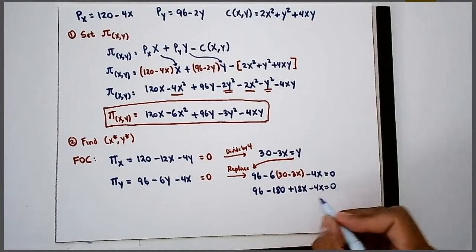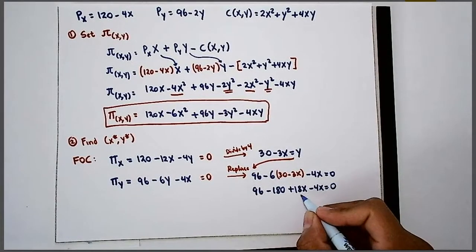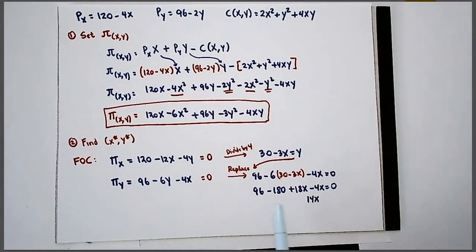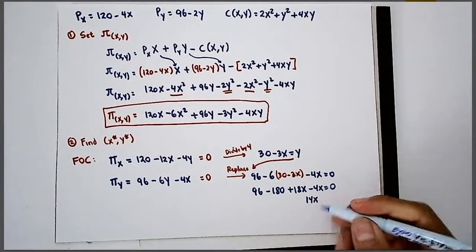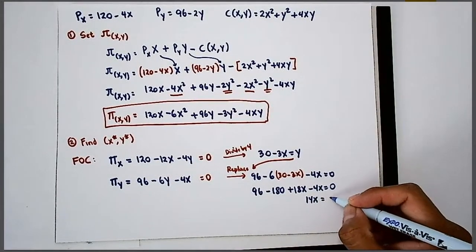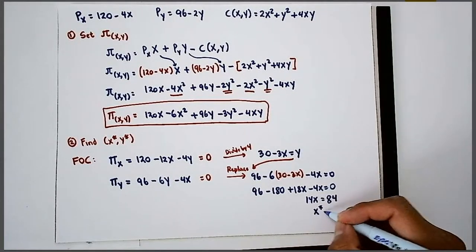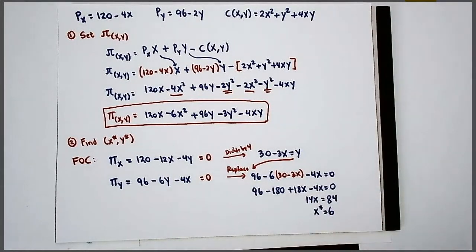So this is 18 minus 4 is 14x, and then 96 minus 180 is minus 84. We can pass it to the right hand side as positive 84. So this means that x is equal to 6.